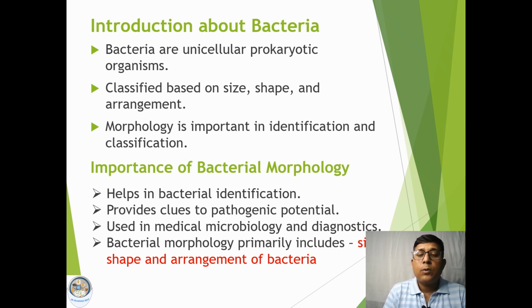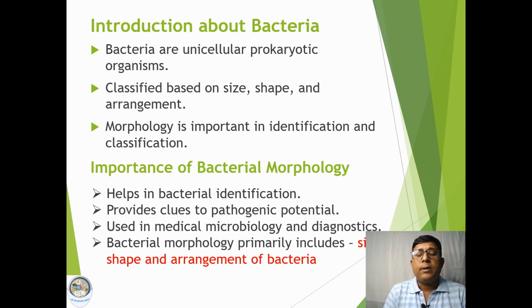Then it provides clues to pathogenic potential. There are some important criteria in bacterial morphology which can be related to the pathogenic potential of the organism. Then these parameters can be used as diagnostic information or diagnostic criteria, based on which we can come to a conclusion or identify the organism finally.